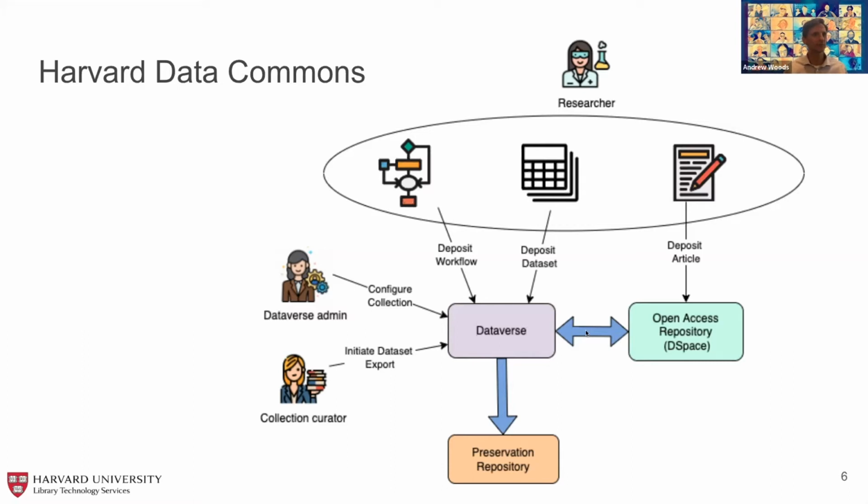So this blue arrow connecting Dataverse and the open access repository. And then fourthly, creating pathways for content in Dataverse, where deemed appropriate, to flow into the university's long-term digital preservation repository.